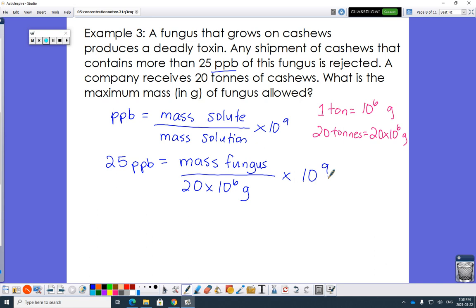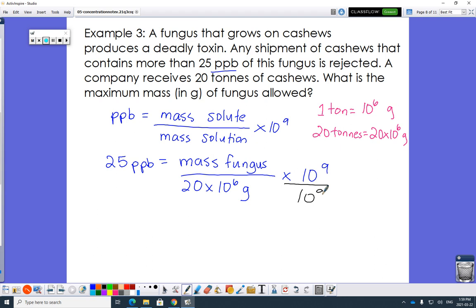So you can follow the same thing that you did before. Maybe your brain, actually I'll do this one this way. Maybe your brain wants to get rid of this first. So you do this times this. Maybe you can see that. You can do it that way too. Or maybe you want to get rid of the 10 to the power of 9.